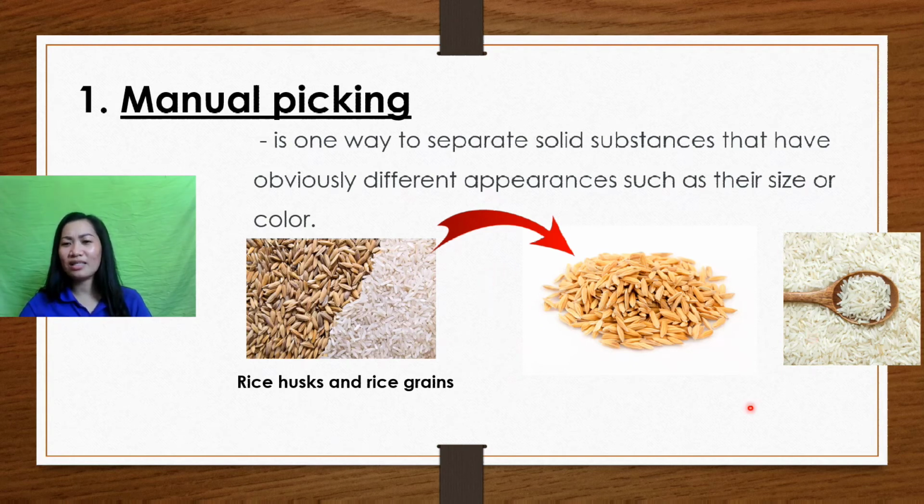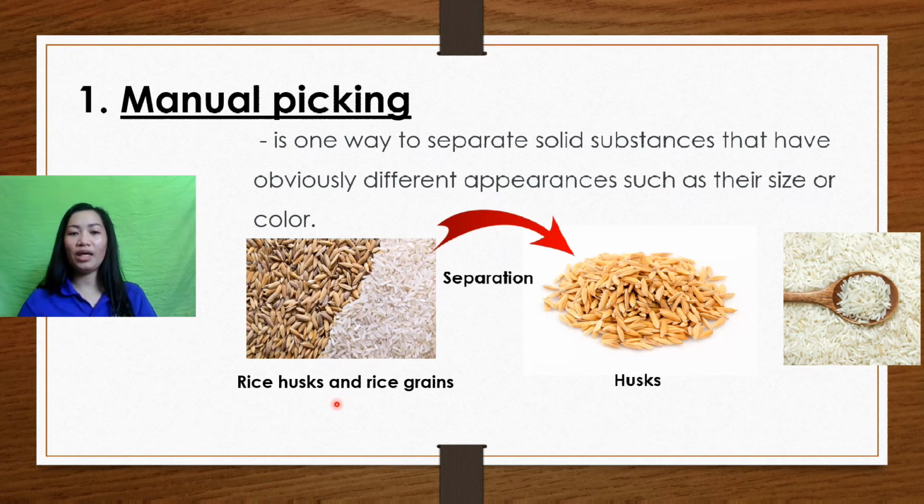This is a very common way to separate one substance from another. With manual picking, you can just pick it by your bare hands, and then you can separate the rice husk from the grains. That is manual picking. This is the final output.